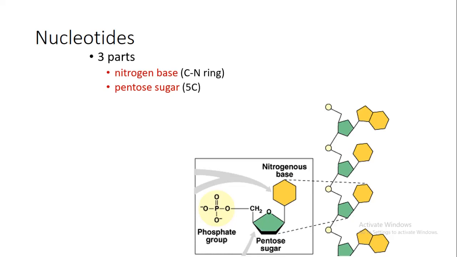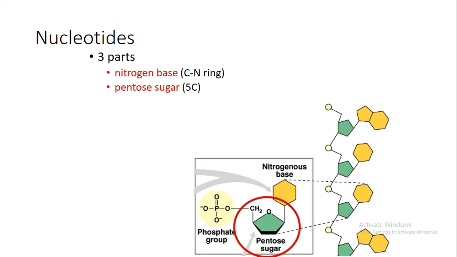It is a very important sugar found in nucleotides, and it is this pentose sugar which determines whether we have RNA or DNA. For RNA, we have a ribose sugar, and for DNA, we are talking about a deoxyribose sugar. That's the pentose sugar which I've circled there.